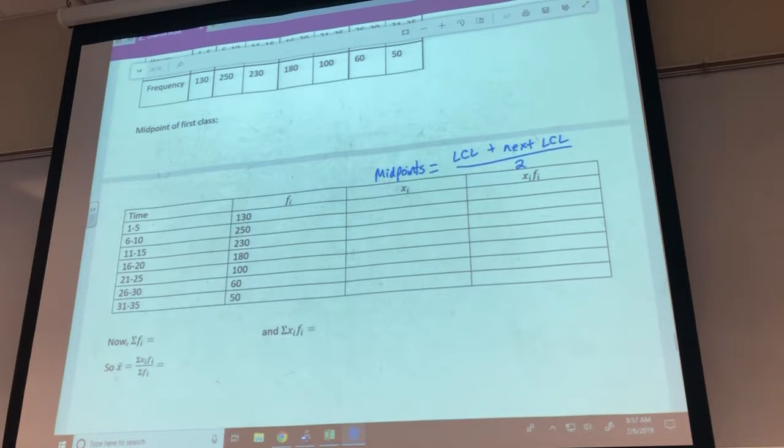So for the first one, our lower class limit is 1. So 1 is my lower class limit plus, and then my next class's lower class limit is 6. And I'm going to divide that by 2. So I'm actually going to get a 3.5 for my midpoint on that one.